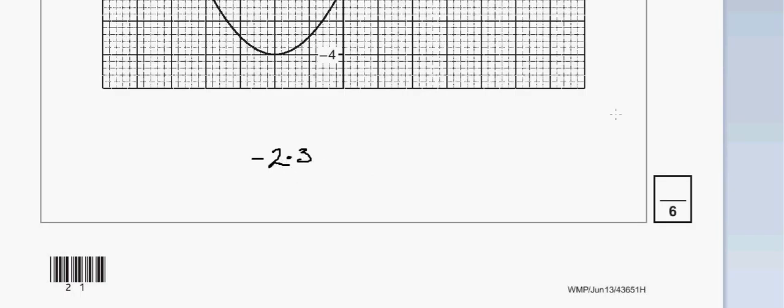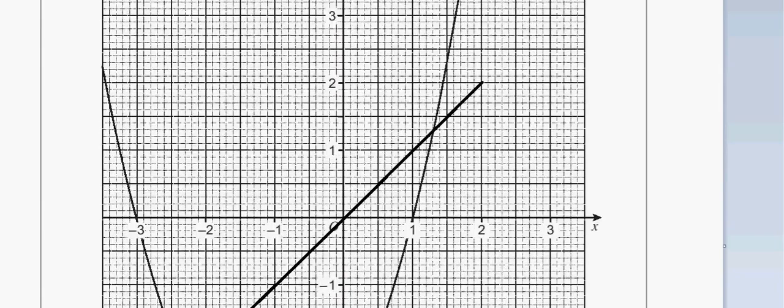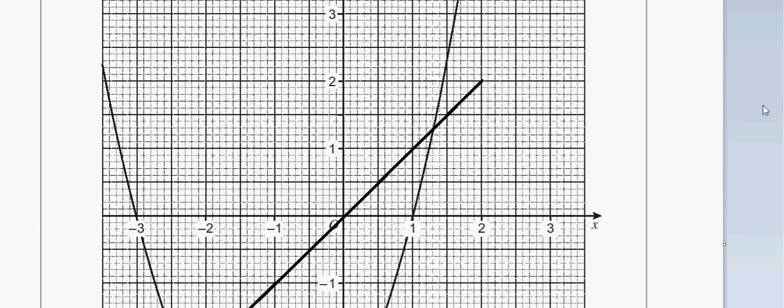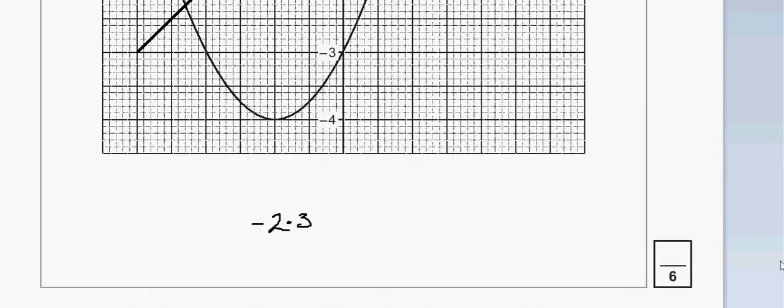That will be one value. And then here I can see that x is 1.1, 1.2, 1.3, so x is 1.3.